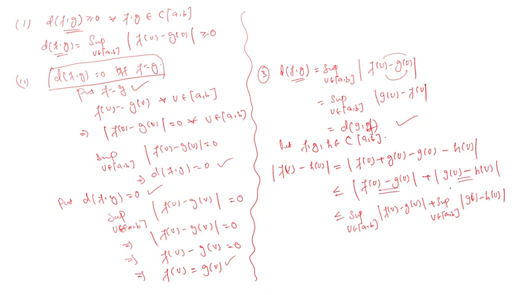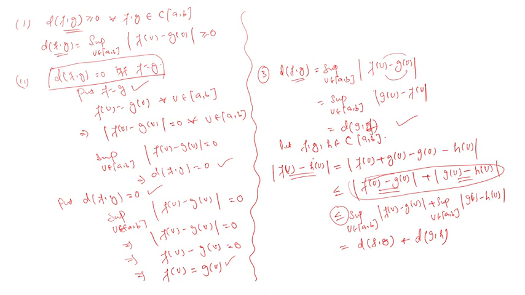Because these two statements are obviously less or equal to than their supremums. So supremum is always greater or equal to than these two. That's why these two are less or equal to the supremum of these two. Okay, and this one is the definition of d f comma g, and this one is the definition of d g comma h.